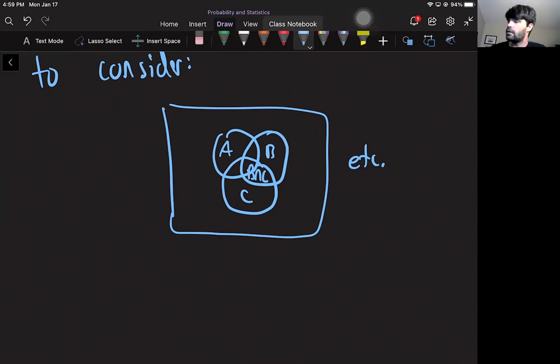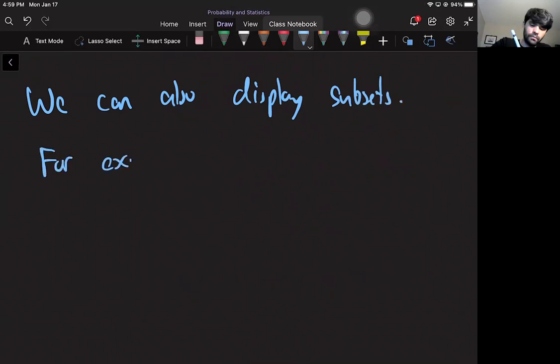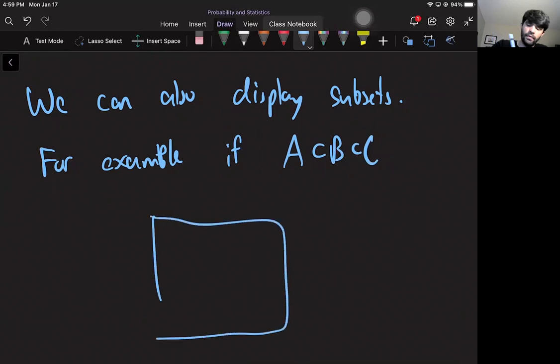Okay, so one more thing we can do is display subsets. So for example, if A is inside of B is inside of C, we could draw that. How would that look?